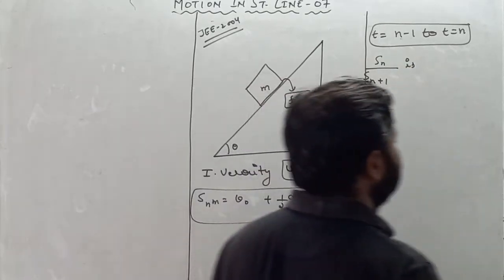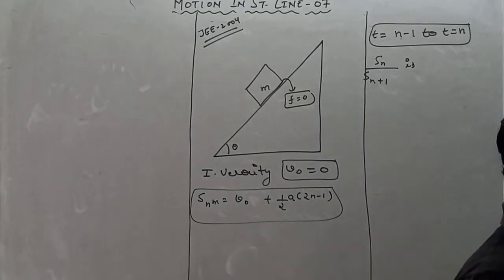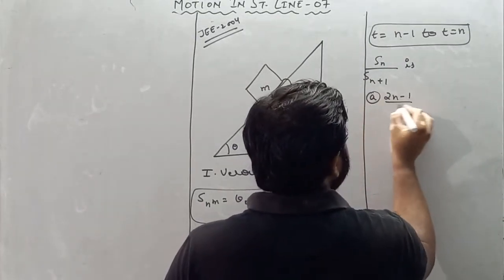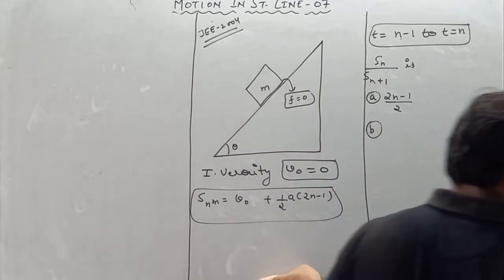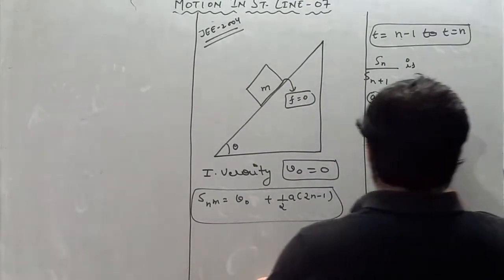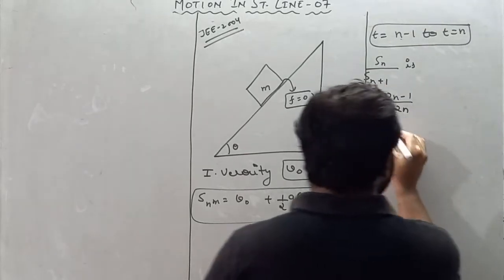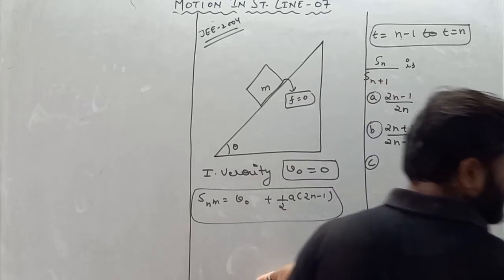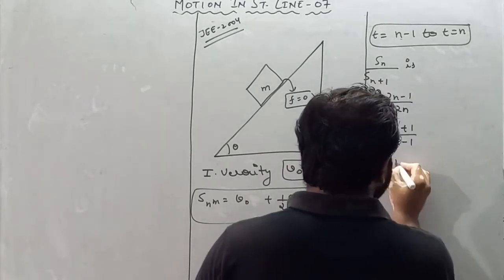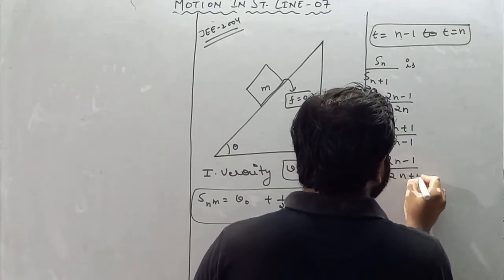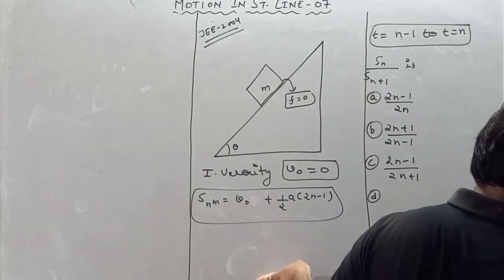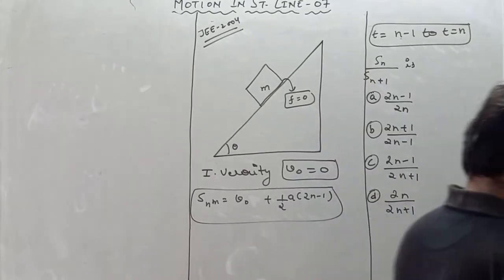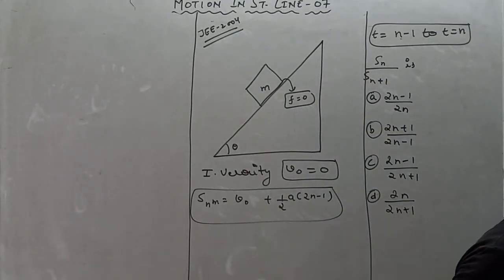Then Sn by Sn plus 1 is, your options are: option A is 2n minus 1 by 2n. Option B is 2n plus 1 by 2n minus 1. Option C is 2n minus 1 by 2n plus 1, and option D is 2n by 2n plus 1.